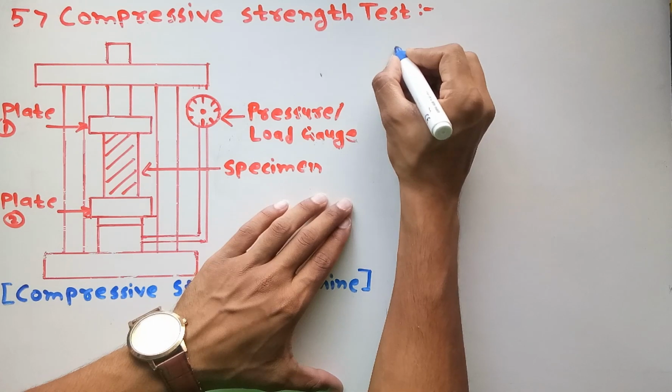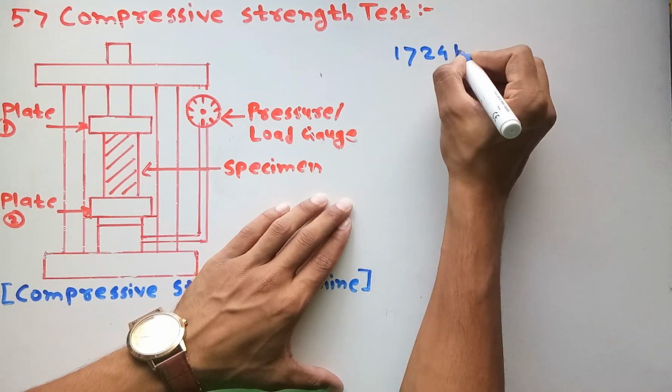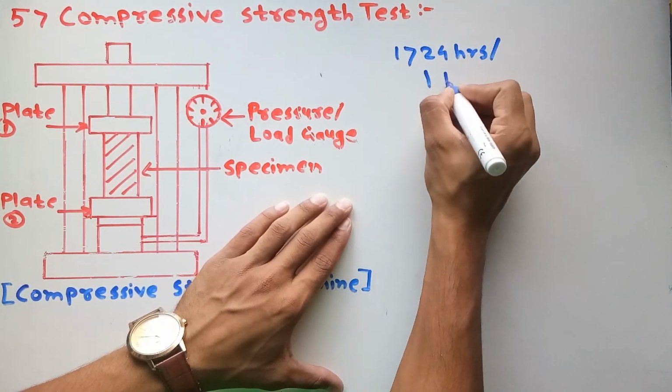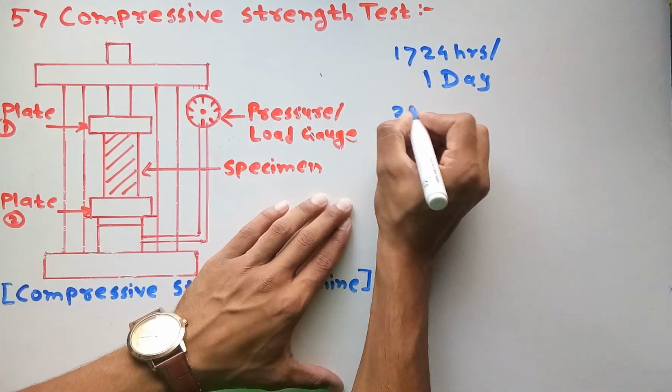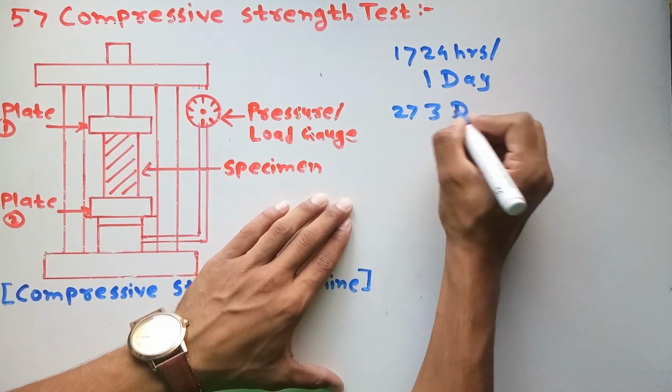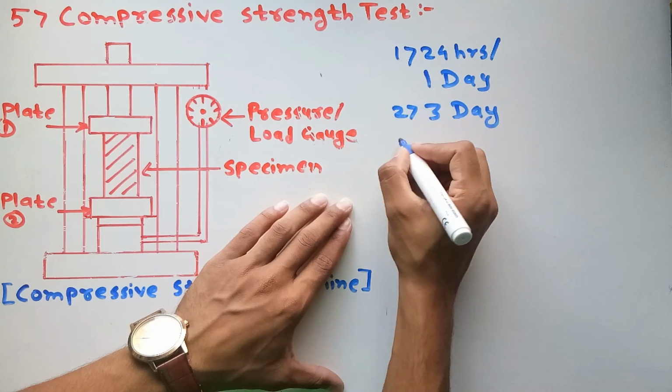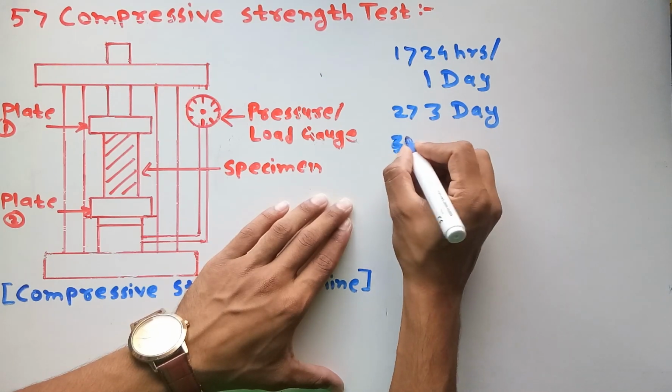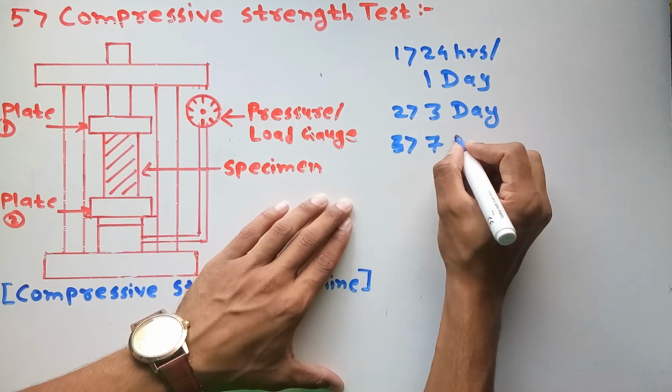We determine it after 24 hours, or simply 1 day. Then we take the second measurement on the 3rd day, and the third observation we make on the 7th day.